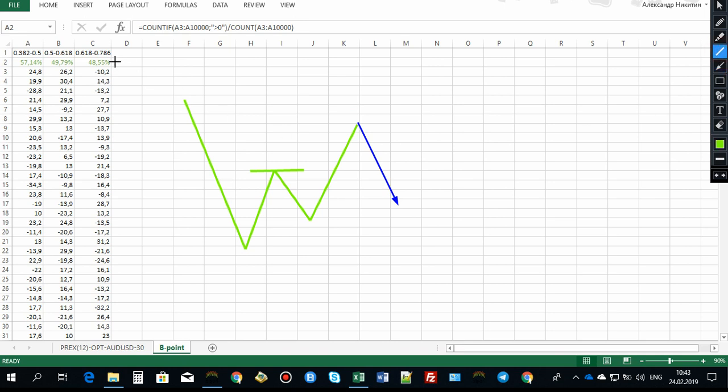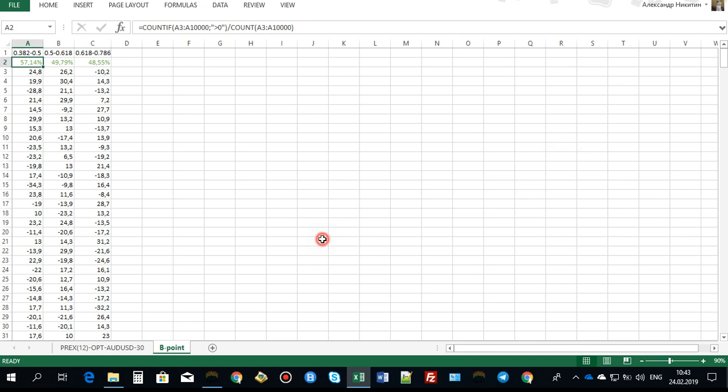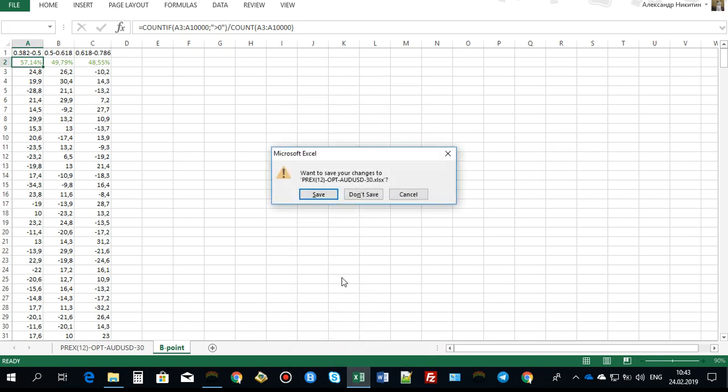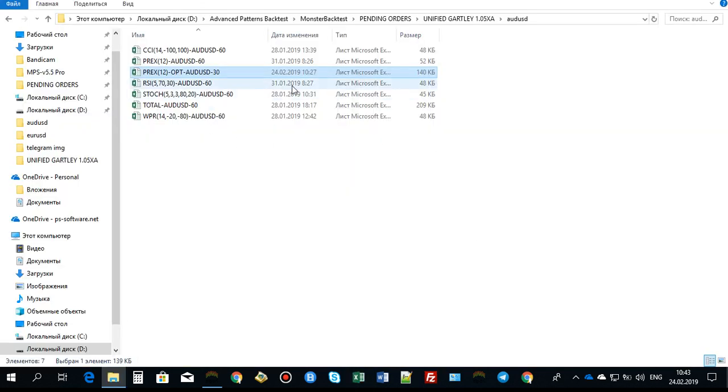But look at this range of 618 to 786. It is below 50. You see, again, the 618 to 786 range is the range that should be traded as a continuation range. Okay, then I want to demonstrate some more. Don't save it.